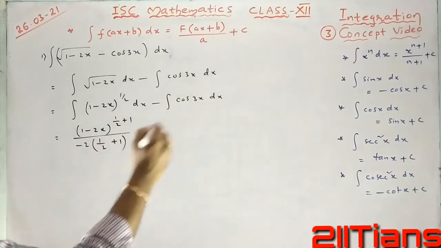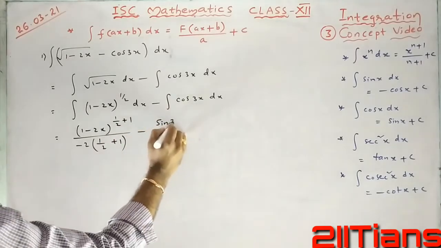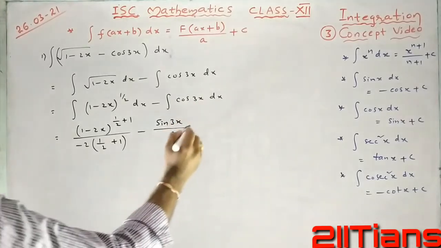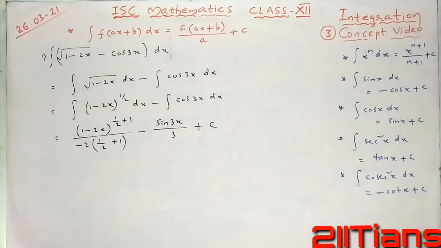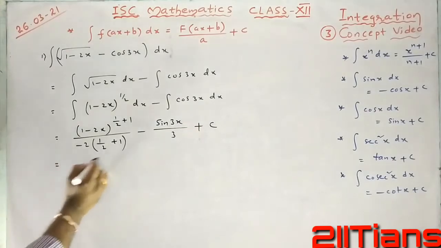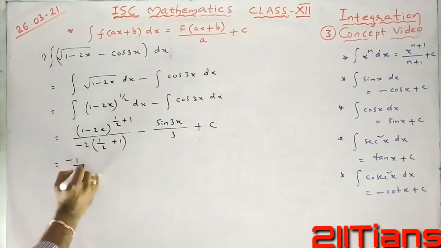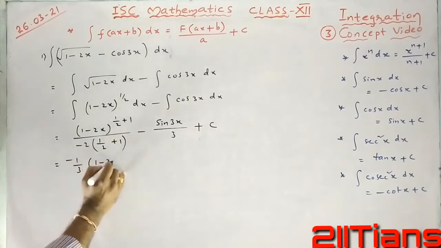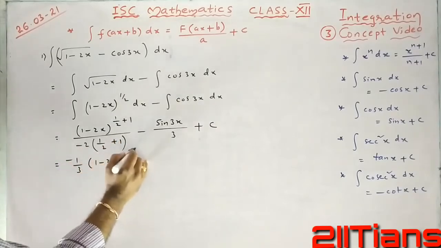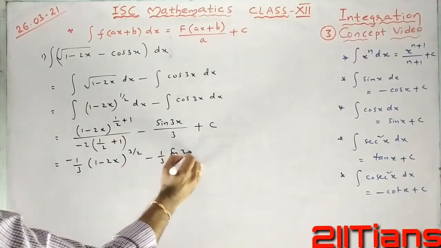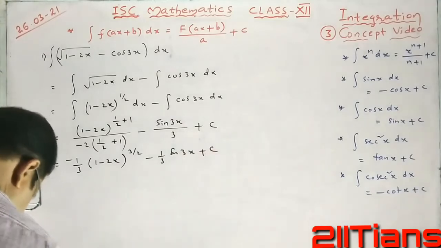Cos x integration is sin x, that means sin 3x. The coefficient of x is 3, that should be written in the denominator, plus c. So this will be 3 by 2, right? The 2 gets cancelled. So minus 1 by 3 remains there. 1 minus 2x whole to the power 3 by 2 minus 1 by 3 sin 3x plus c, that we can write.